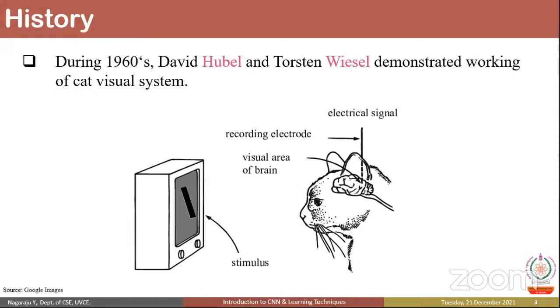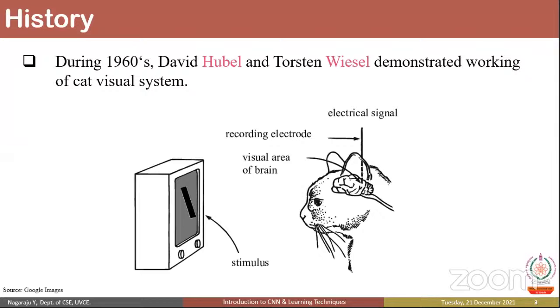So among the many researchers, Hubel and Wiesel succeeded in understanding how cat and monkey visual system works. Okay, how cat brain reacts to a particular image, and which particular signal is going to trigger, and all those things they understood.